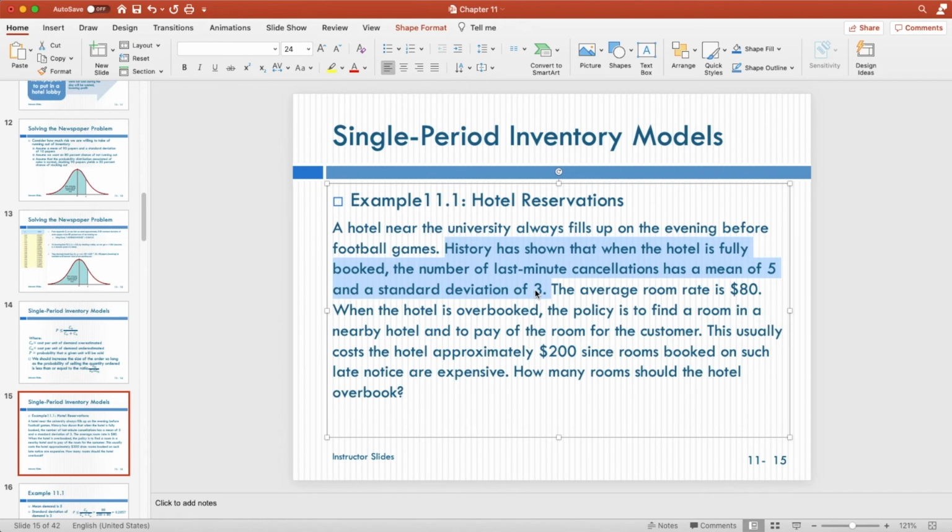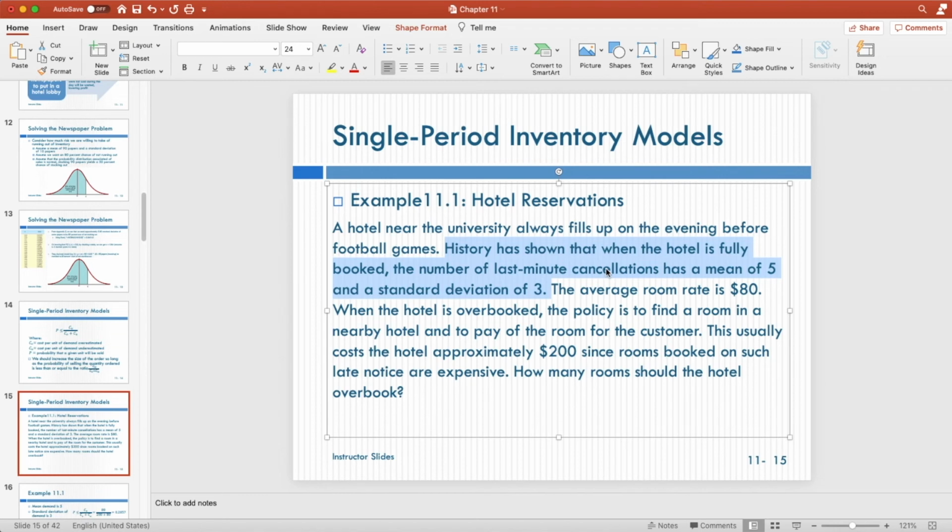If they cancel and the hotel doesn't have other visitors, the room will be empty, and they will lose some profit opportunity. That's why, in order to compensate, they try to overbook a little bit to deal with this kind of last minute cancellation.